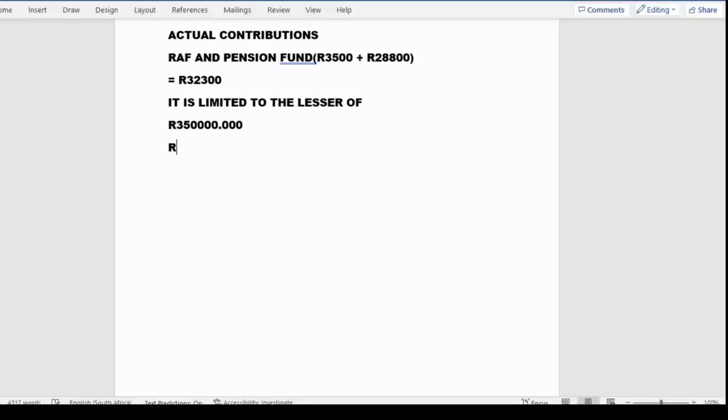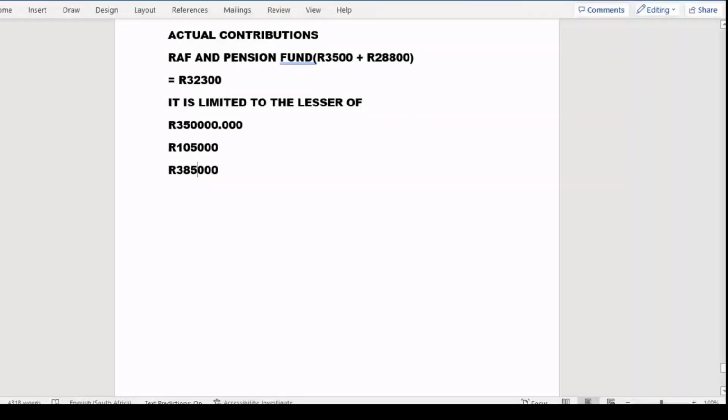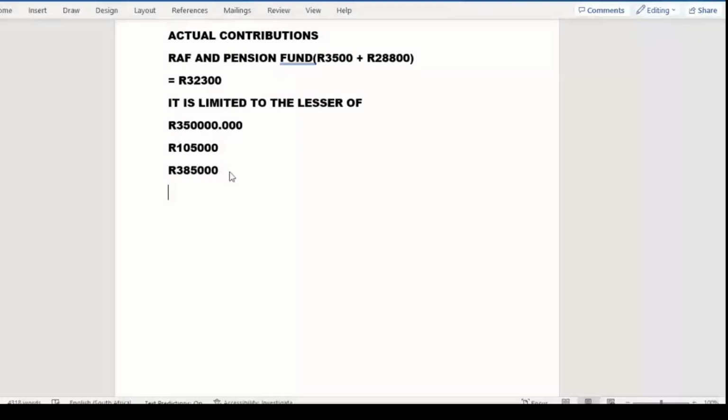And which one is the last one? Taxable income of 385,000, right? 385,000, but it's limited to how much? So we are taking the lesser between these. So it is limited to 105.